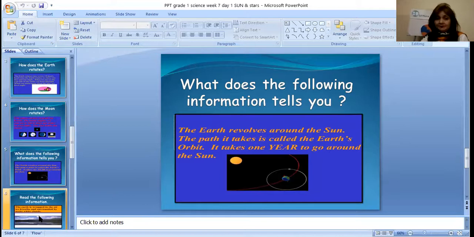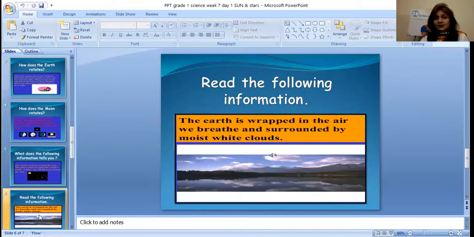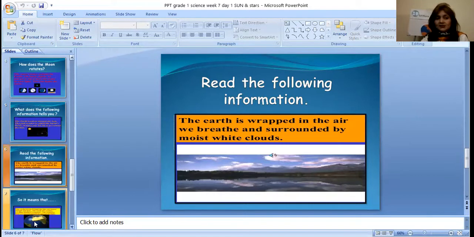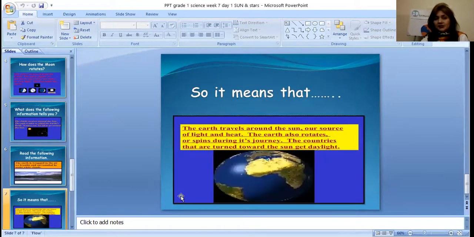So the earth is wrapped in the air we breathe and surrounded by moist white clouds, right? And so it means, children, that the earth travels around the sun, our source of light and heat. The earth also rotates or spins during its journey.